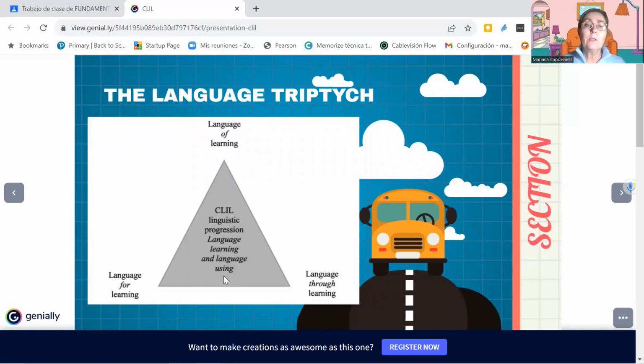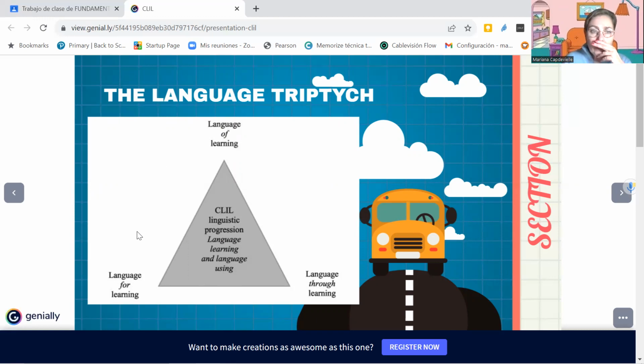So here you have the triptych. Suppose, in the example of government systems and language and relative clauses, I say, okay, what is the language of learning? Meaning, what is the language that I intend my students to learn? Well, this would be relative clauses, okay?